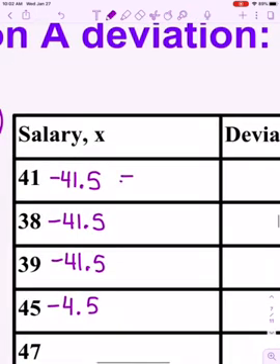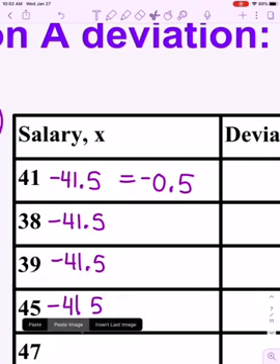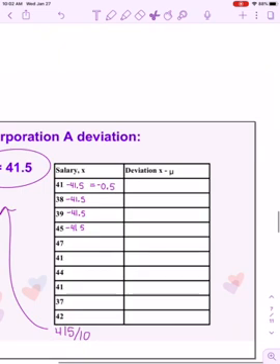So that deviation is going to be a negative 0.5 because you are below average, okay? By the time you get down to 45 and you're subtracting 41.5, now you're above average, so your deviation is going to be positive, okay?